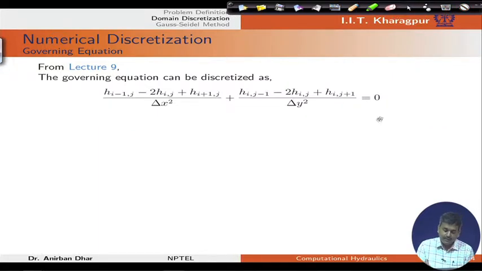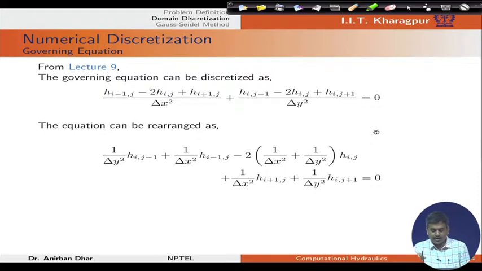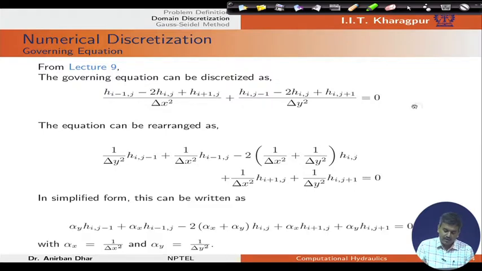If we further simplify this, this is 2 into 1 by del x square plus 1 by del y square. Further simplifying into this format, alpha x is nothing but 1 by del x square and alpha y is 1 by del y square, for our problem.